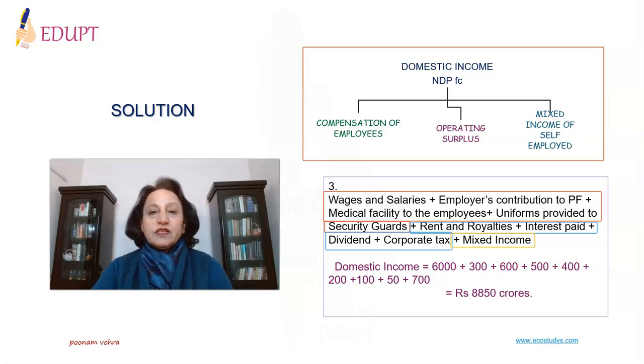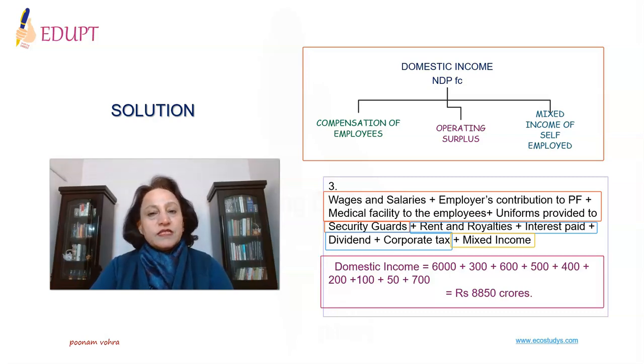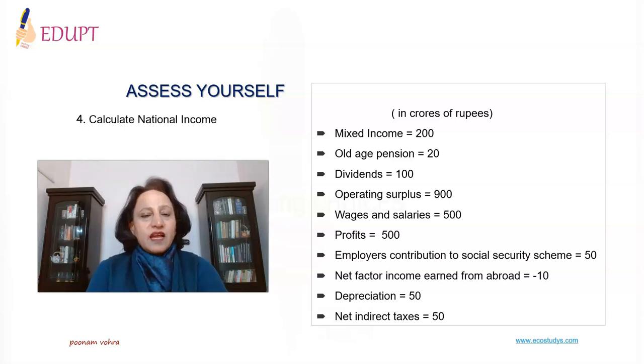So substituting the numerical values, one gets domestic income equals 6000 plus 300 plus 600 plus 500 plus 400 plus 200 plus 100 plus 50 plus 700, that is 8850.